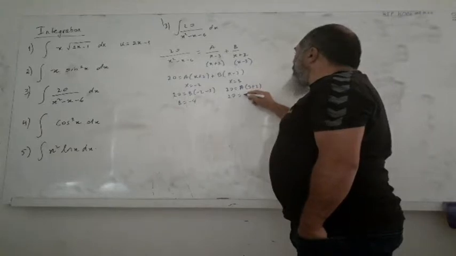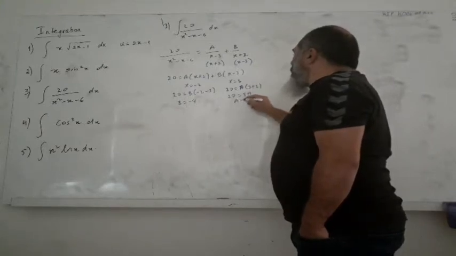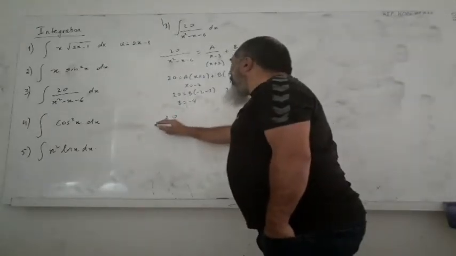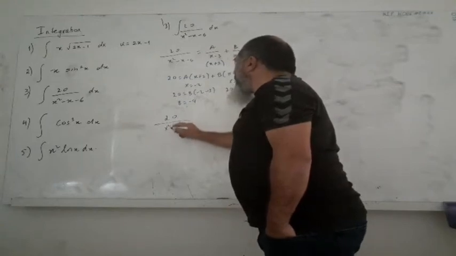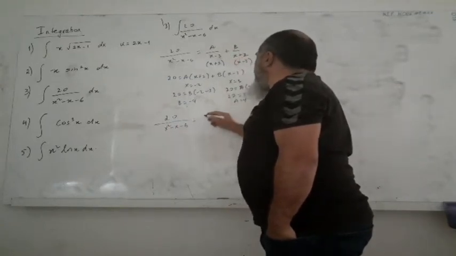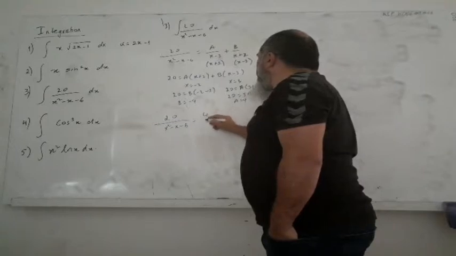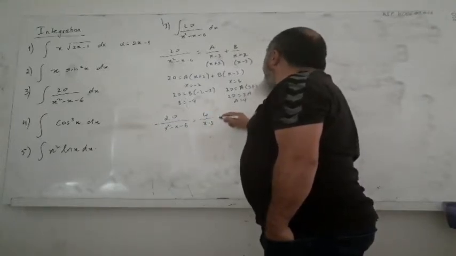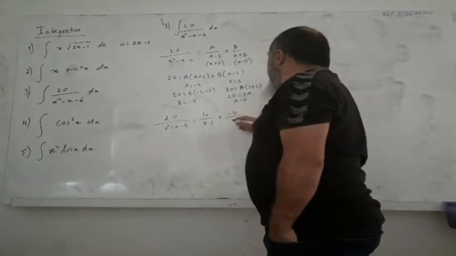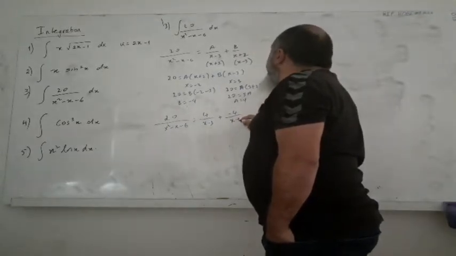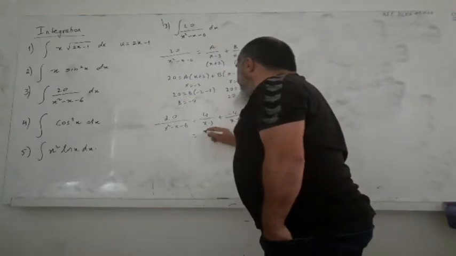So 20 over x squared minus x minus 6 is actually equal to 4 over x minus 3 plus minus 4 over x plus 2, or better, this is equal to 4 over x minus 3 minus 4 over x plus 2.